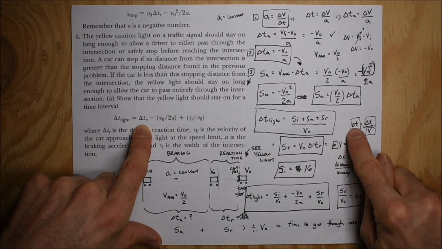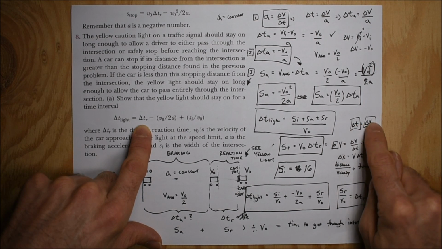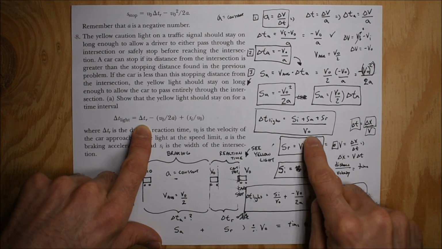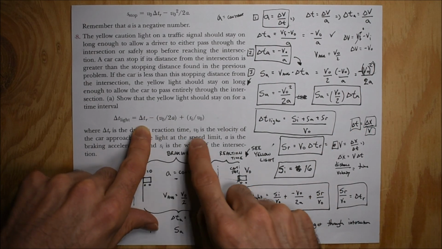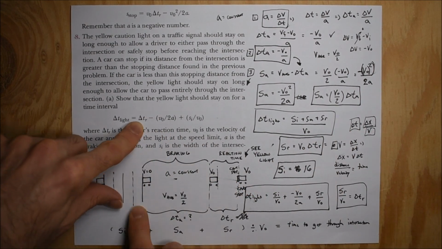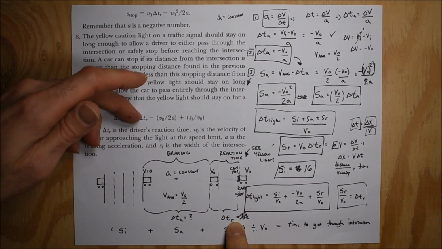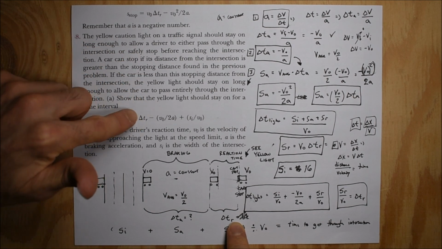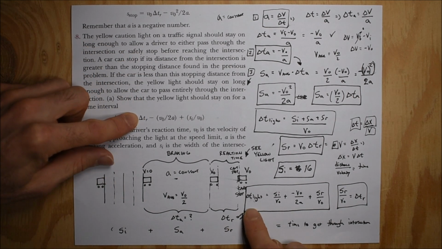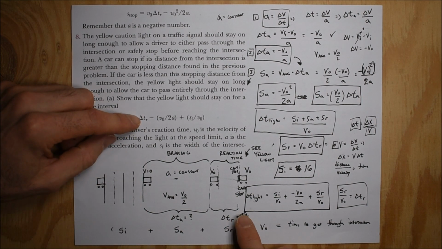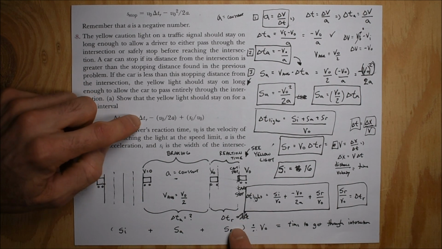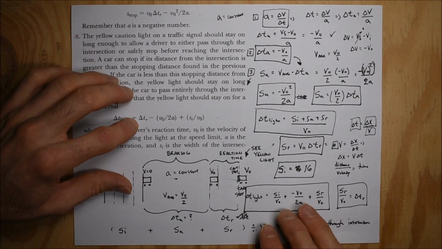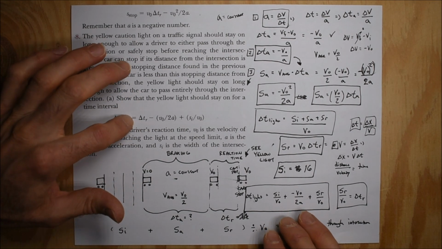Again, change in time is your change in distance, SR, divided by the velocity. So that component is just the change in reaction time. This is usually just a given, a human parameter. What's a human parameter's reaction time? 1.1 seconds. You look it up in a psychological chart of people's reaction times.